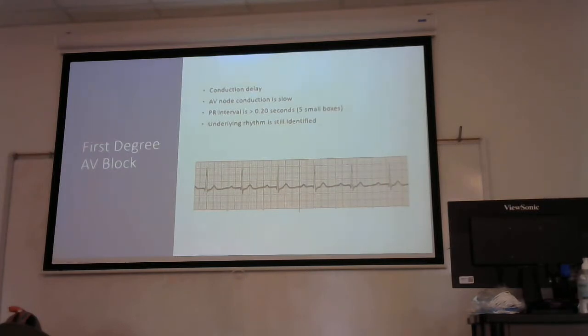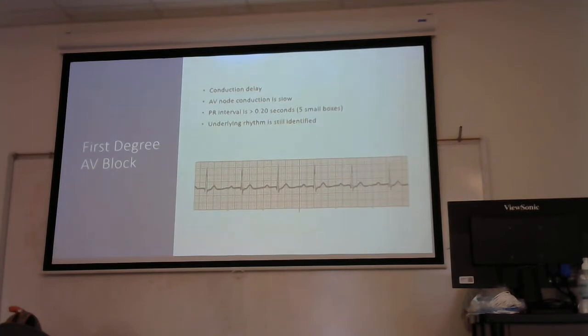Then you go to your PR interval. What you're going to notice about your PR interval is that it is consistently greater than what it should be. So it's going to be greater than 0.20 seconds, so that's greater than 5 small boxes. Okay? And it's consistently going to be that.